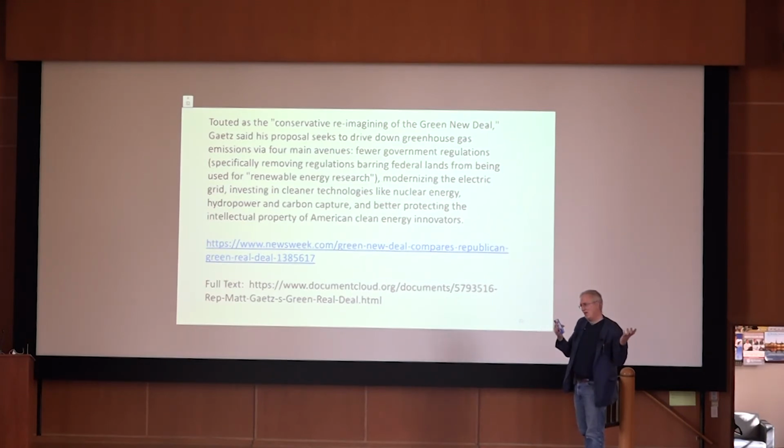And that requires a high voltage DC network that would require federal investment to do. Technologies like nuclear energy, hydropower, and carbon capture, and better protecting the intellectual property of American clean energy innovators. And that's really code words for keeping the Chinese from stealing the stuff that we invent in this space.